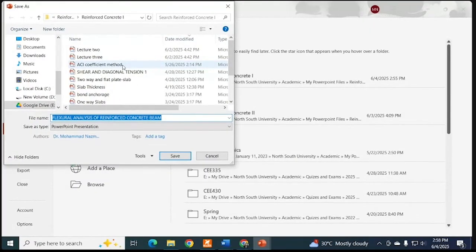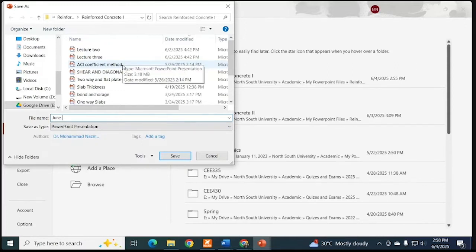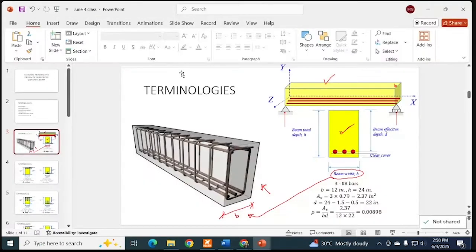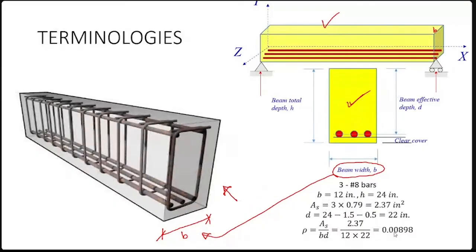So let me open a new file. Today is June 4th. Just now you understood the beam width. It's the horizontal dimension.